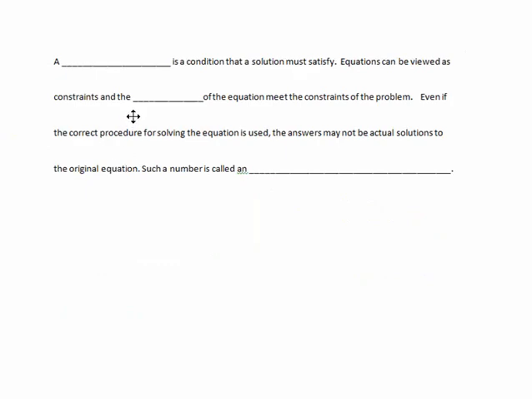Now, a constraint is a condition that a solution must satisfy. Equations can be viewed as constraints, and the solution or solutions of the equation meet the constraints of the problem.